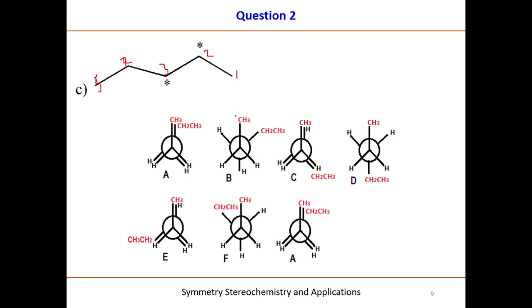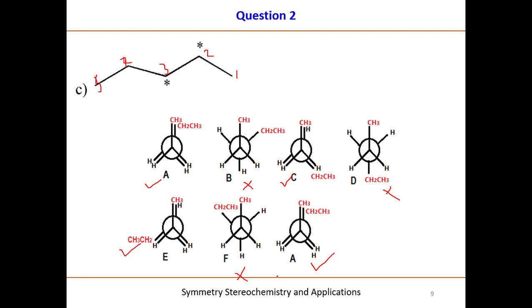Now here, if you see, there are many possibilities for eclipse conformation. This one is eclipse, this one is staggered, so we will ignore this one because we want only the eclipse ones. This is eclipse, this is again staggered, this one is eclipse, this is staggered, and this one is eclipse.